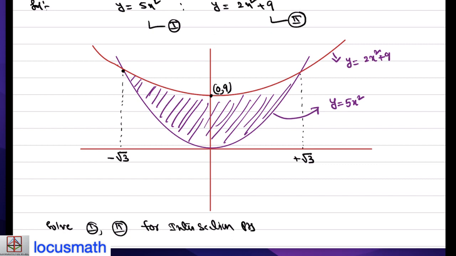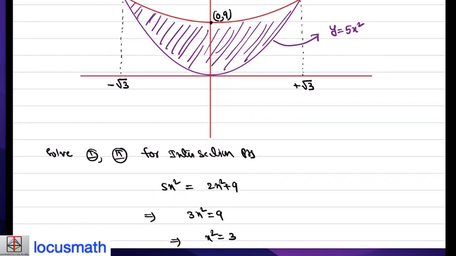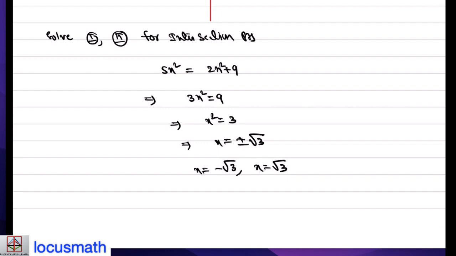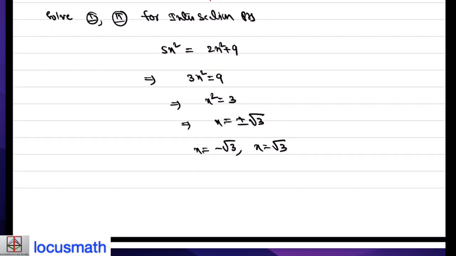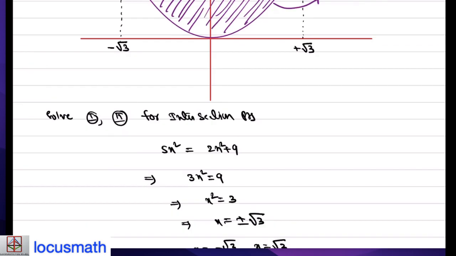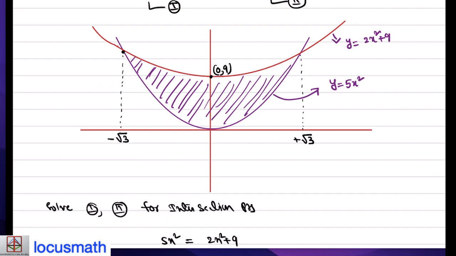So now the required area is equal to the integration from minus root 3 to root 3. The lower limit is minus root 3, this vertical line, and the upper limit is this vertical line, that is x equal to plus root 3.